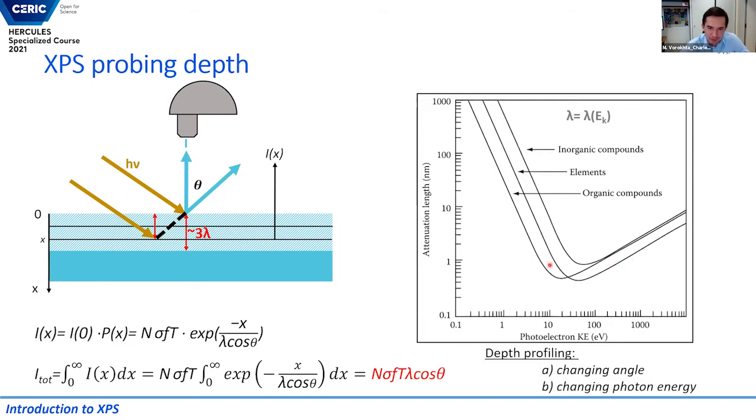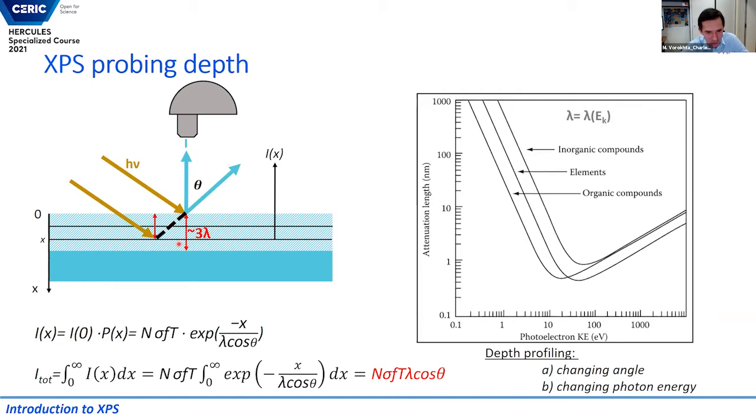If you want to change the probing depth, you can change not only the energy of photons, you can also change a bit the angle of detection of photoelectrons. If you excite a photoelectron somewhere here, it can go in different directions, and of course if it goes in this direction, it has to travel a bit longer way in order to reach the surface, and the probability to be scattered is proportional to this distance.